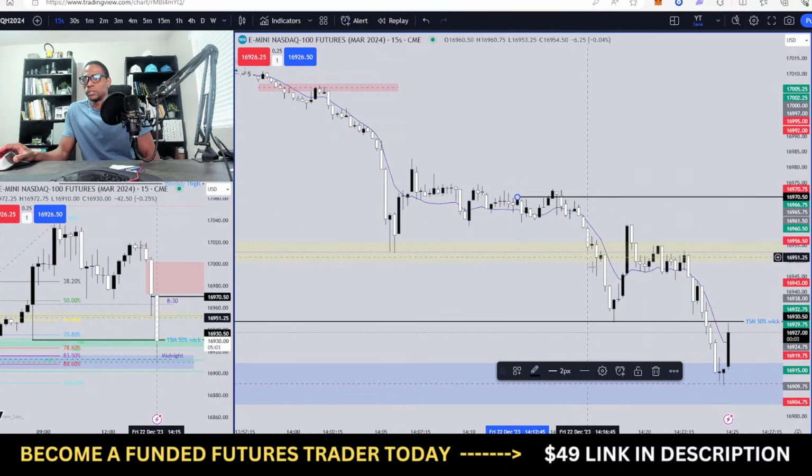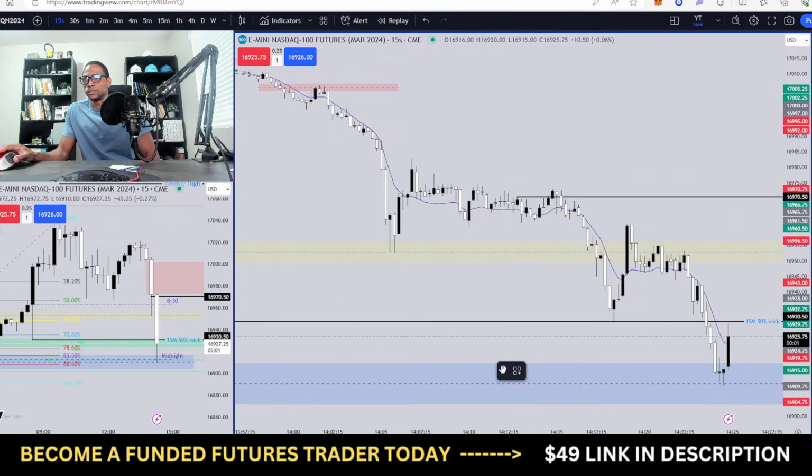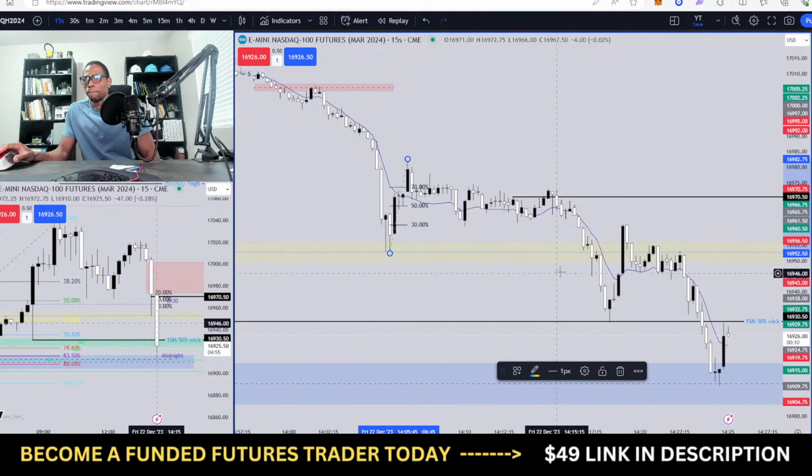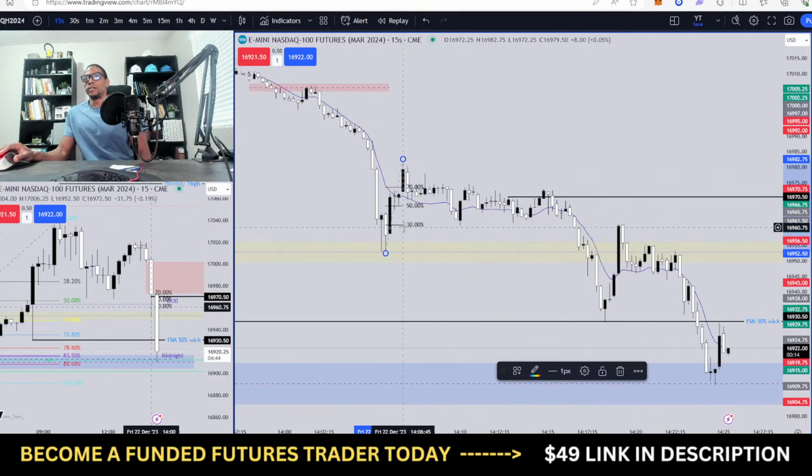And this was broken, and then we had a trade down. Let's see. Trade back up. Boom, hit 30% barely, and then trade it out. All right, that's probably the only trade we missed coming down.